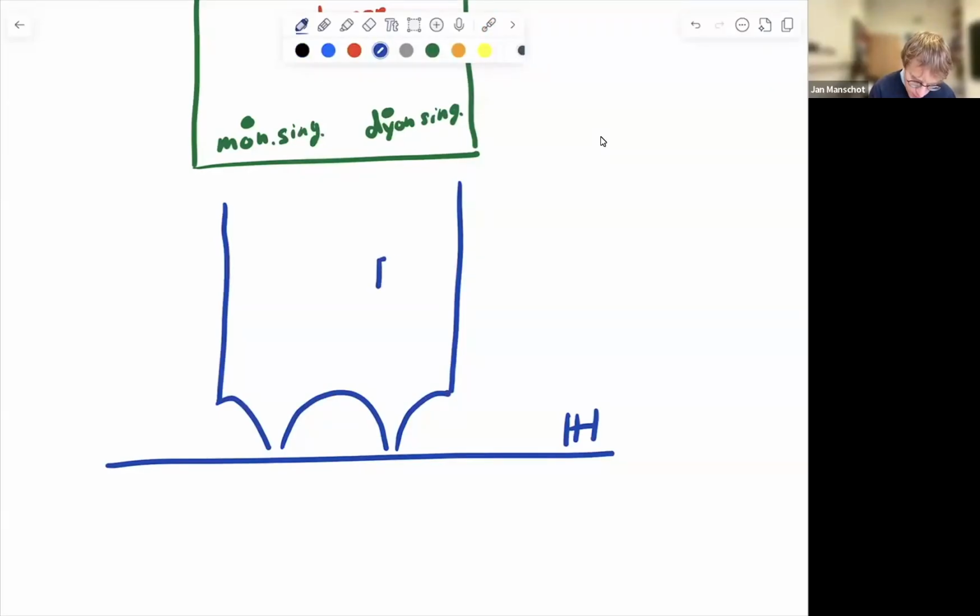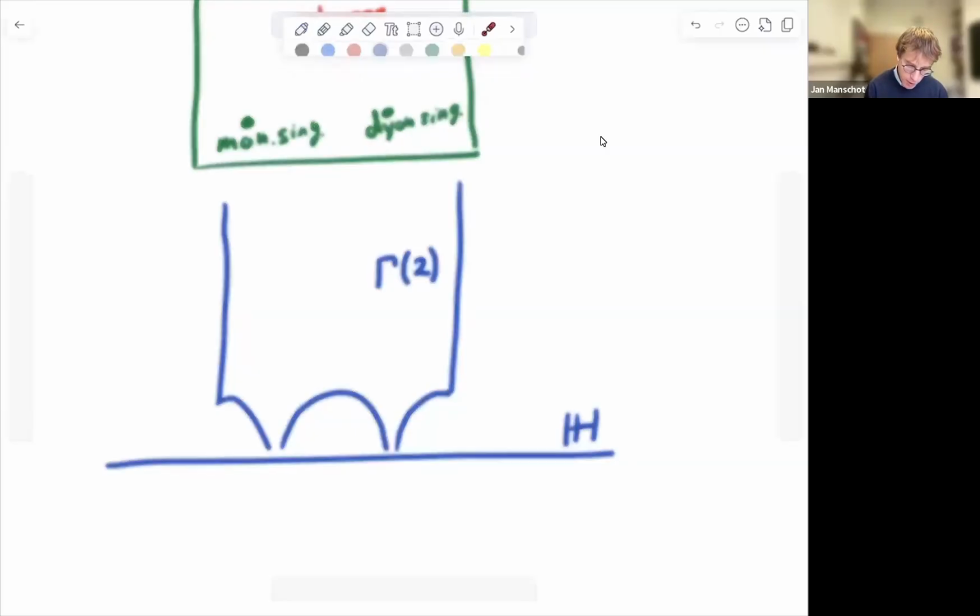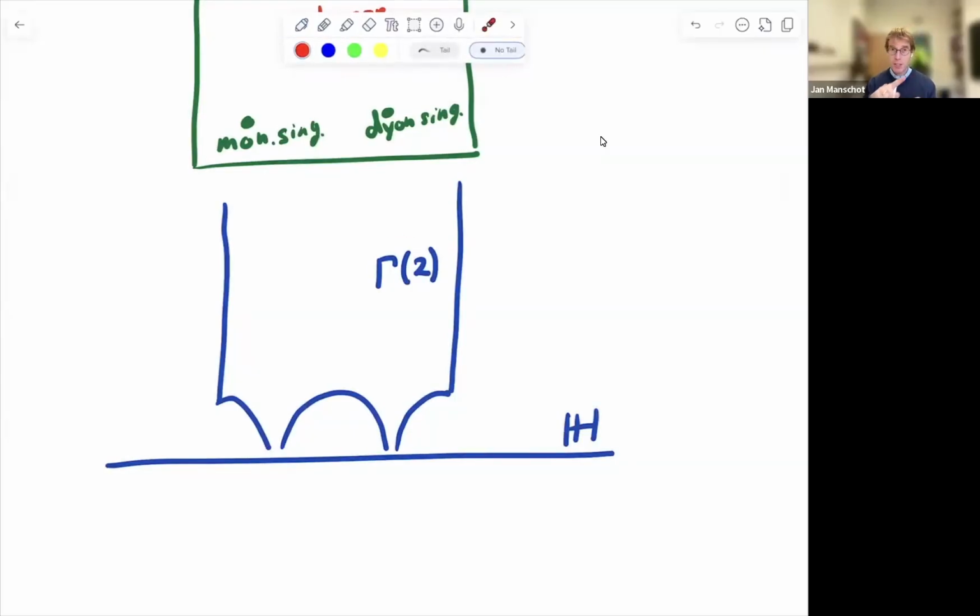This is a congruence subgroup Gamma(2), where the matrices of this subgroup are equal to the identity matrix (1, 0, 0, 1) modulo even integers.